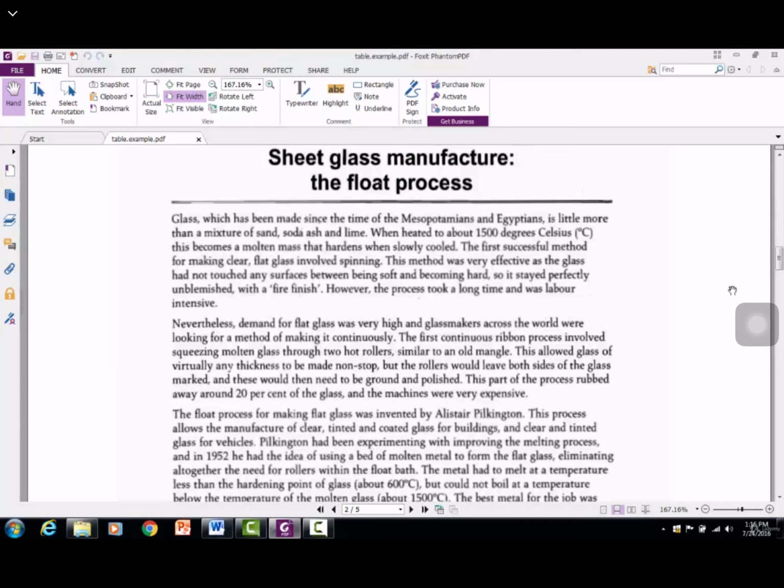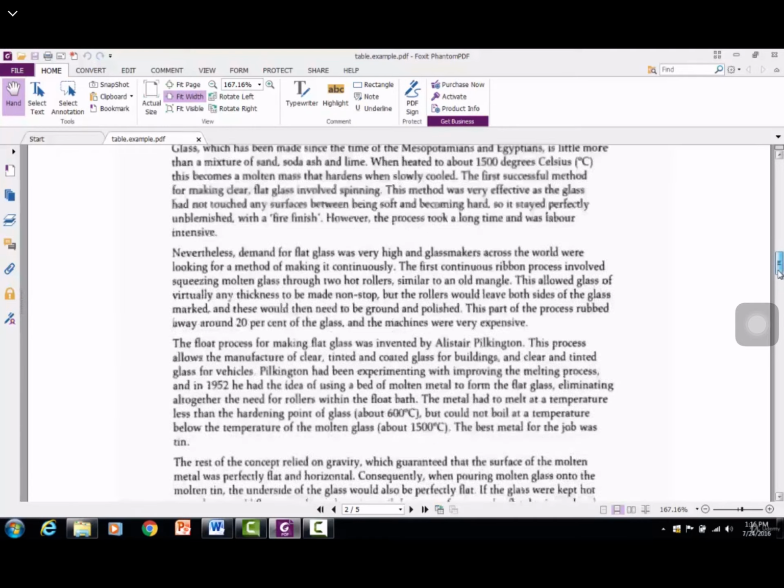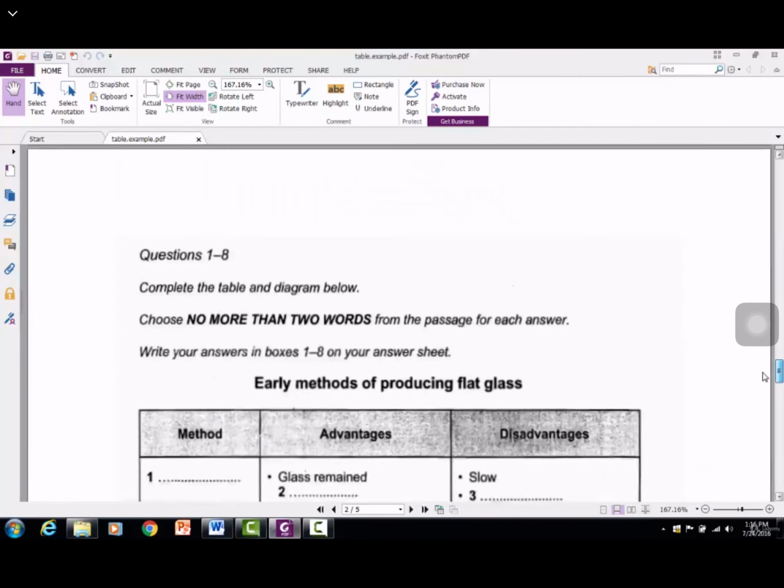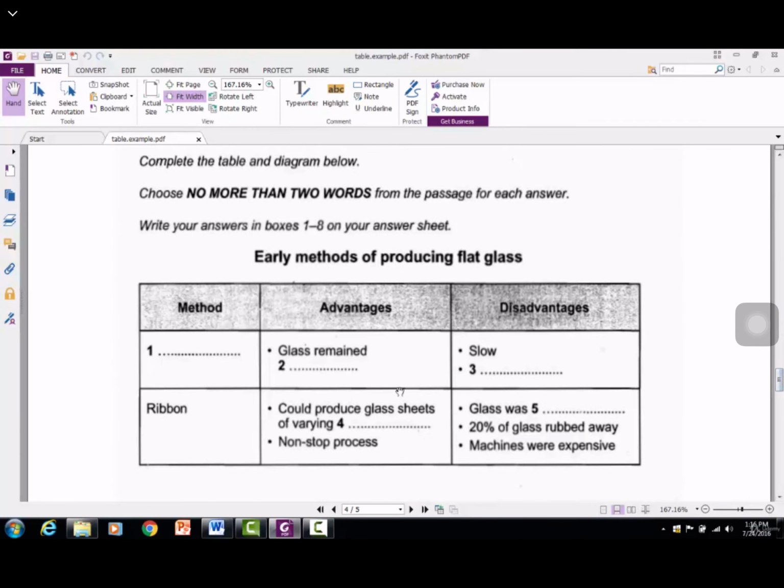All right, so our answer for number 2 is unblemished, right? Because of the word remained. Remember, I told you with fill-in-the-blank questions, pay attention to the word before the blank line. When we're looking for number 2, we're looking for a word that means the same as remained.